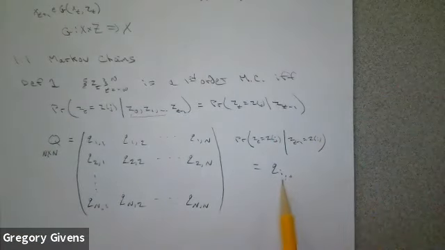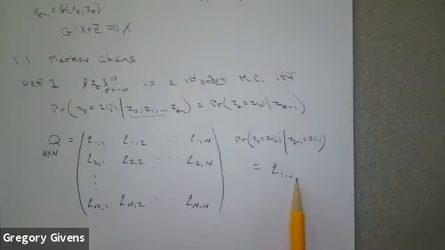So the probability of going from state i to state j is given by the ijth element of the transition matrix. So what the transition matrix shows us is effectively the full conditional probability distribution of the stochastic variables in this model.